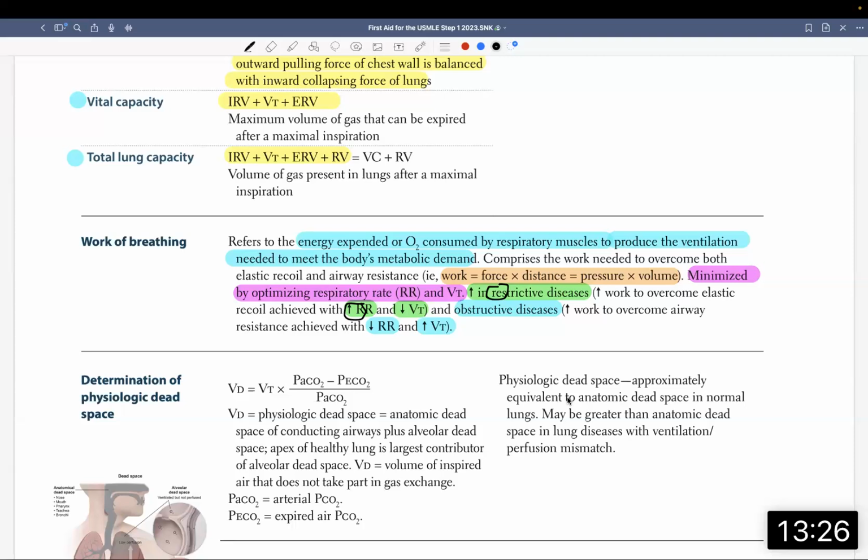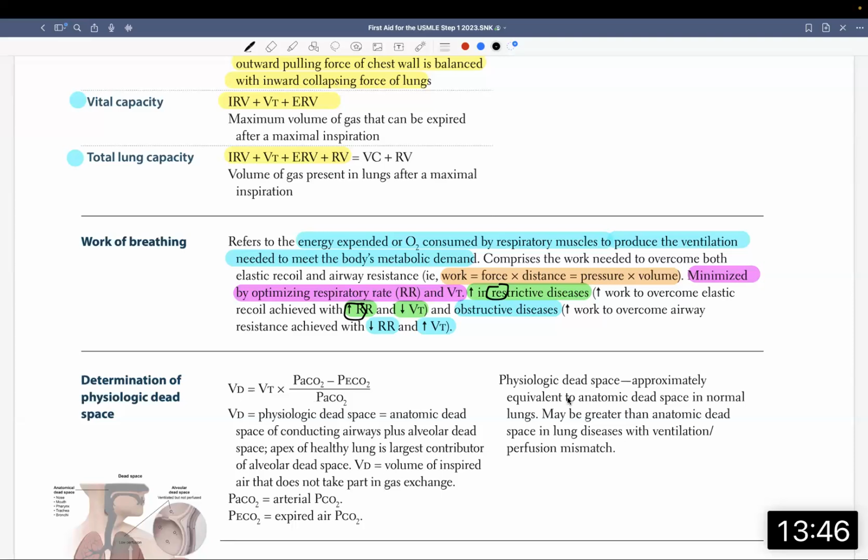Tidal volume is basically air that moves into the lung with each quiet inspiration. Exactly. So although they are respiring more, their tidal volume is decreased. Because if tidal volume is decreased, then less air goes into the lungs, right?